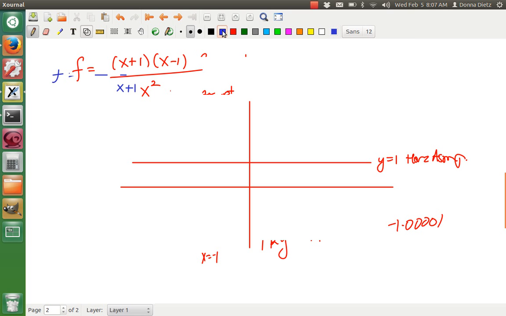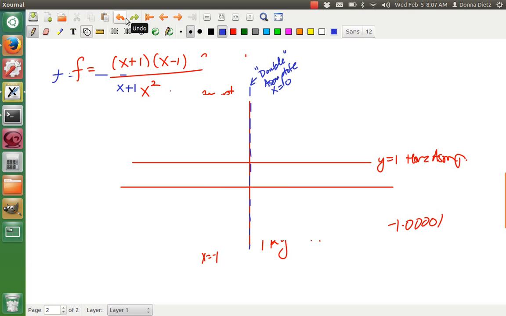However, I have another problem, which is I have a double root in the denominator. So I have essentially what I'm going to call a double asymptote at x equals 0. Alright, so are we getting something like this, or are we getting something like this? I don't know. Let's think about this.